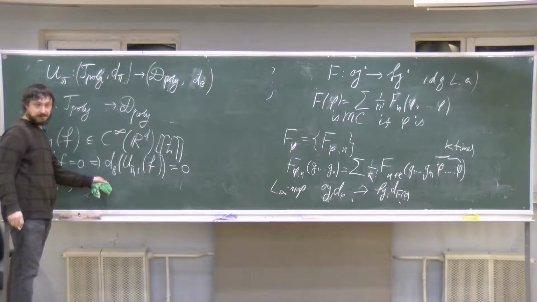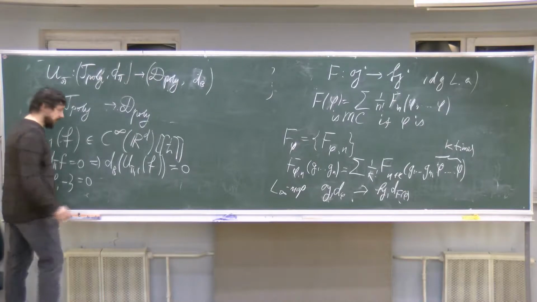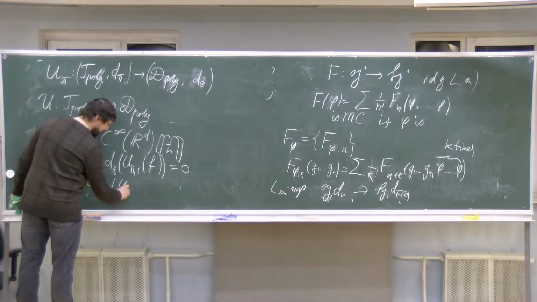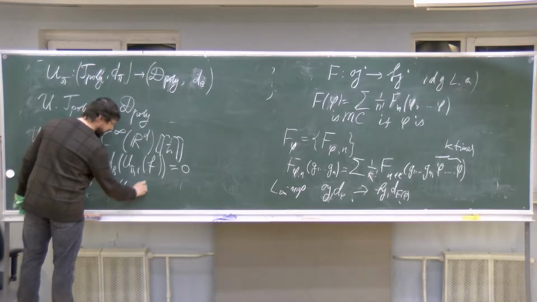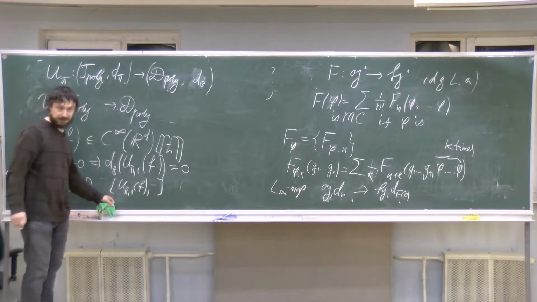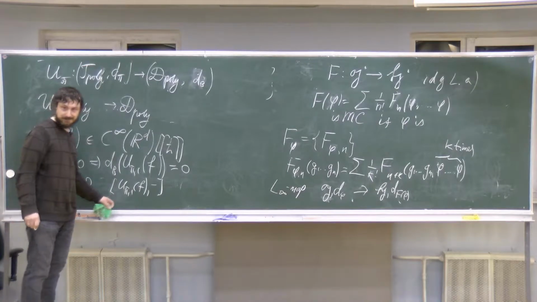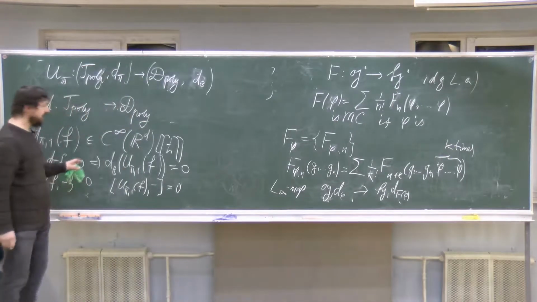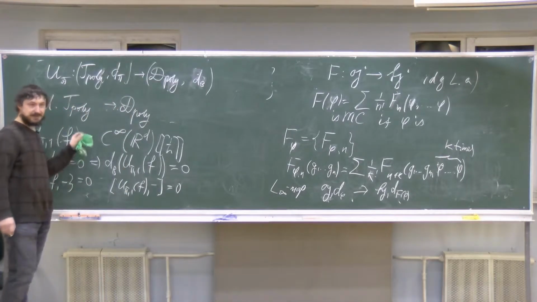It is easy to show that this map actually means that U pi of f commutes with everything in the sense of star product. So this map U pi 1 sends the center into the center, right?